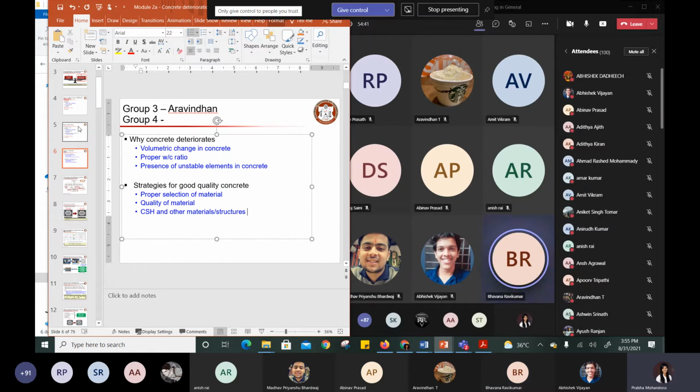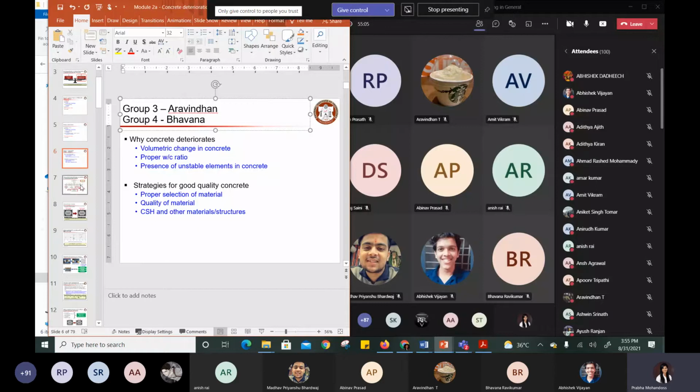So these are the things that we are going to mainly cover in this module, and I presume that you are all familiar with the mechanisms already. So I'm not going to touch those mechanisms in detail, but I'm just briefly telling what are the ways you can enhance performance of your concrete when you encounter such scenarios, right?